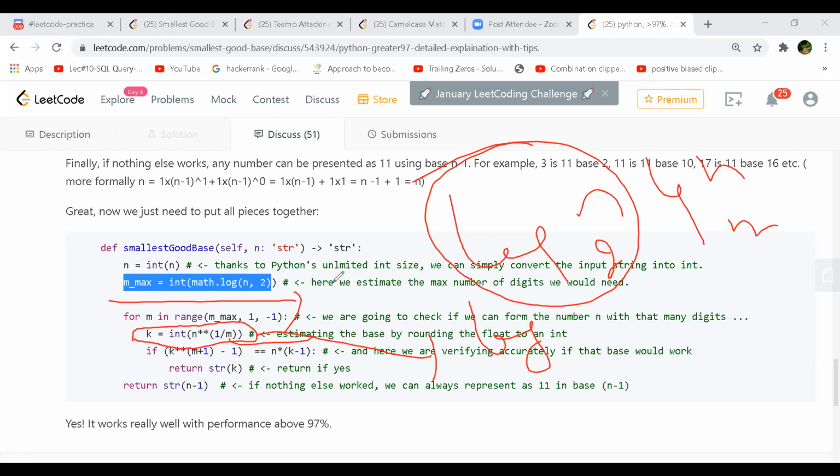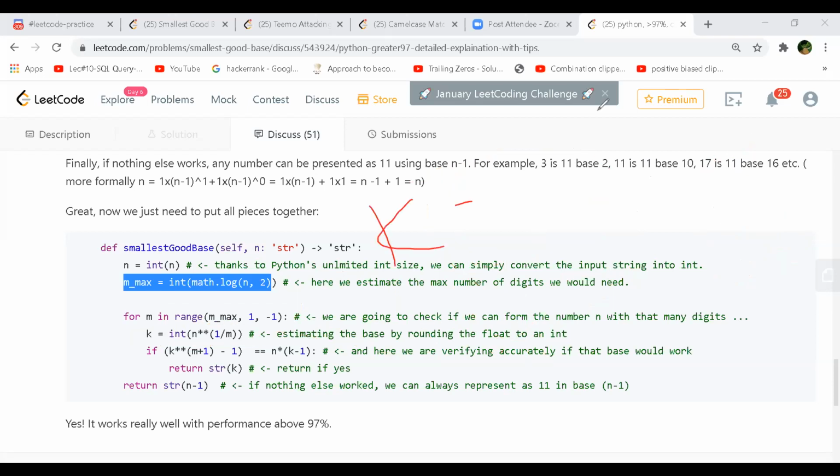Okay. So this is log n, log n. But yeah, it's log n and log k, right? In that case, I think the basis could be different. Because you already have the value of m, which is already calculated by log n, and then 1 by log k base m, 1 by m.